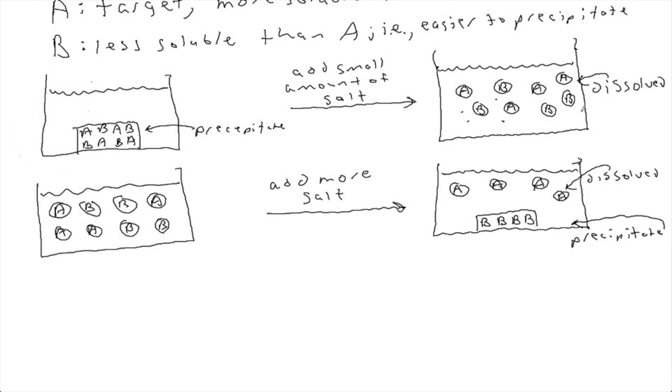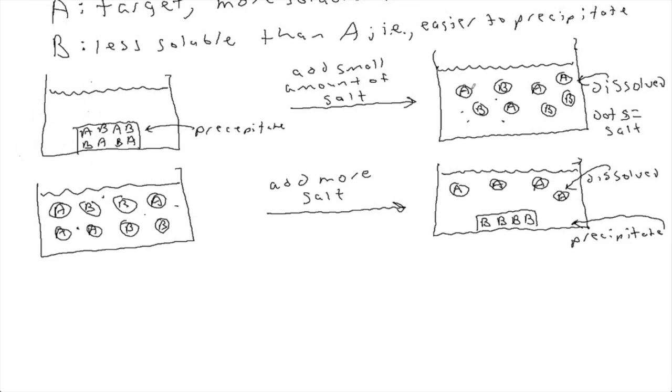Let's say that the dots are salt. So notice here, we've added a small amount of salt. Would this picture have more, less, or equal amount of salt to the above picture? Let me put that here. 1, 2, 3.